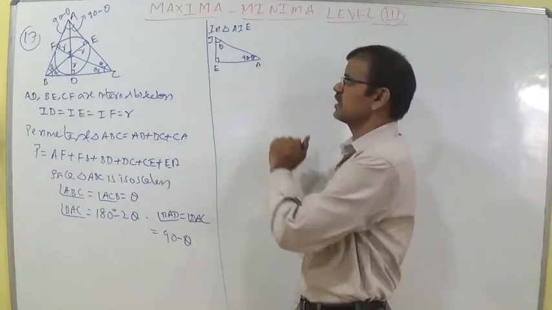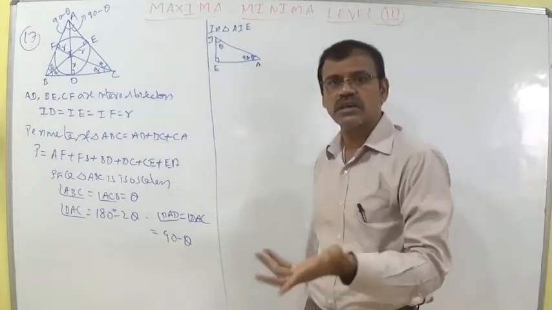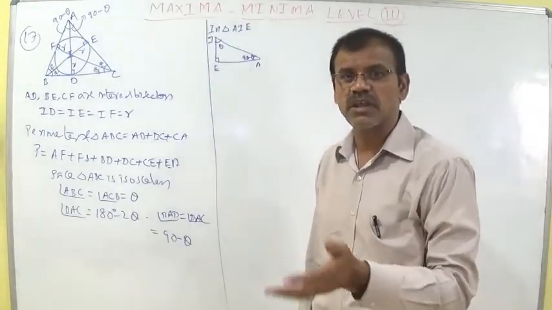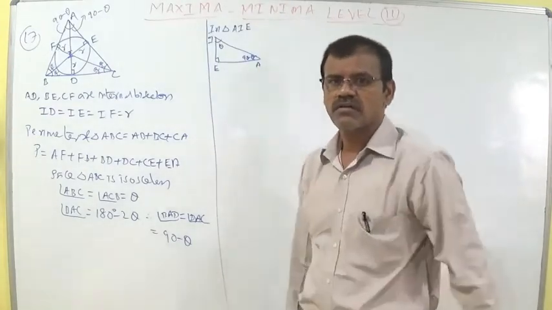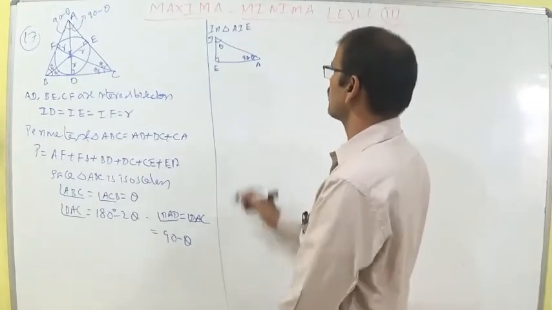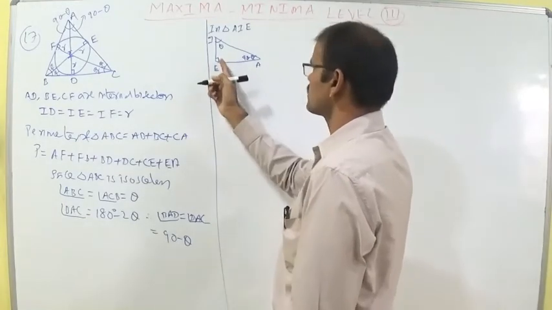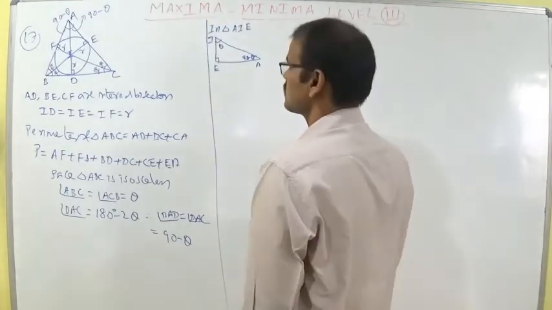This is 90, so 180 minus 90 minus 90 plus theta. The 180 minus 180 cancels, and you get theta. So this is 90, this is theta, this is 90 minus theta.